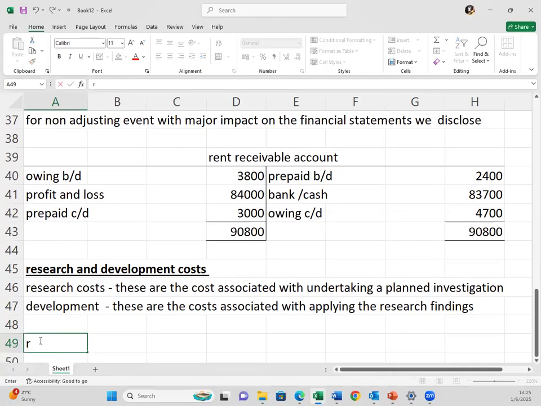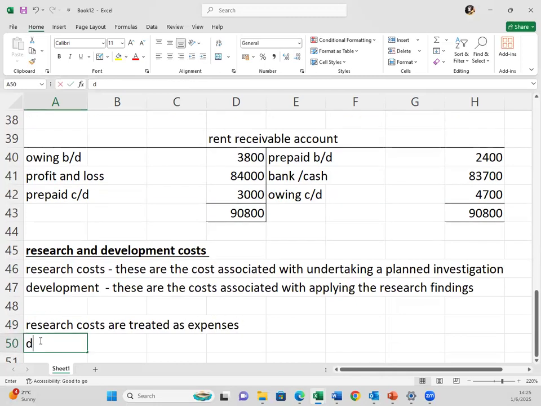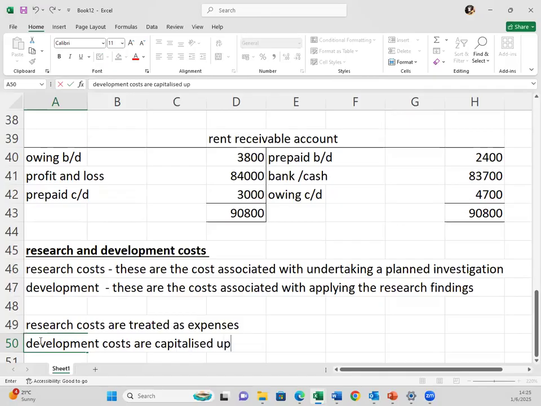So the treatment is that research costs are treated as expenses, whereas development costs are capitalized upon meeting the capitalization criteria.